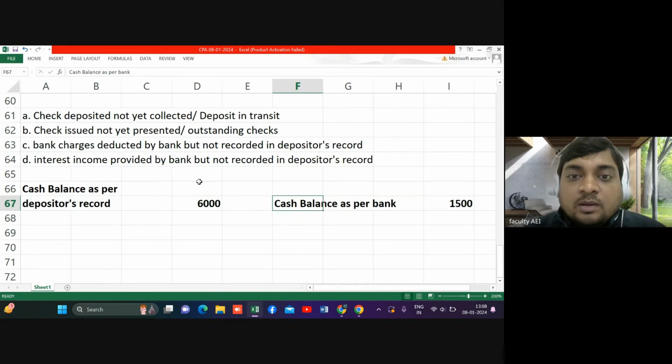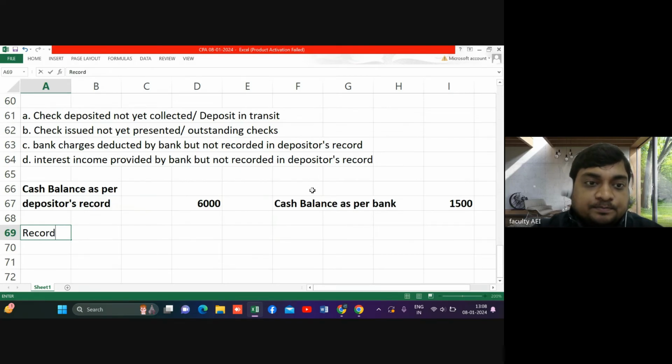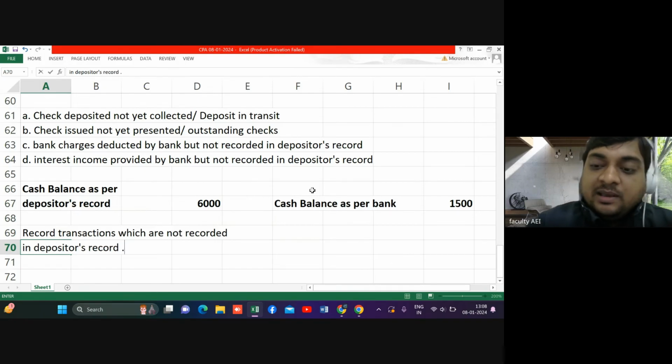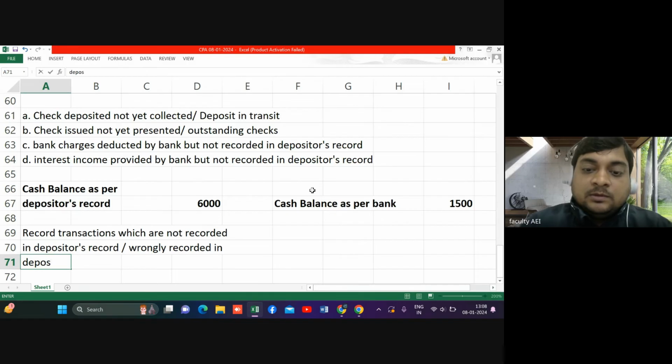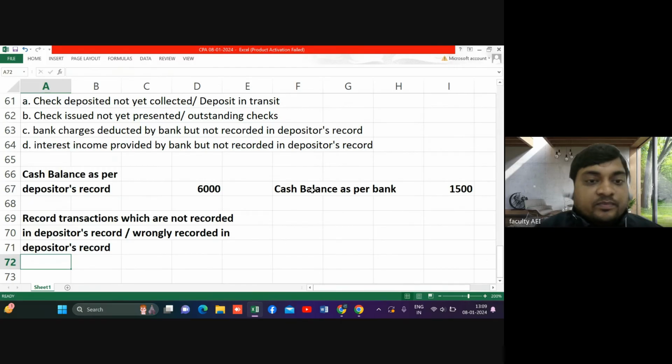Now, first of all, record transactions which are not recorded in depositor's record or wrongly recorded in depositor's record. This is very important, right?